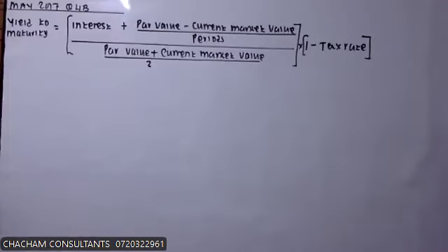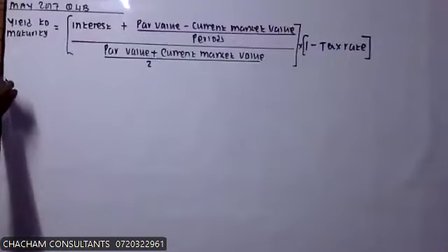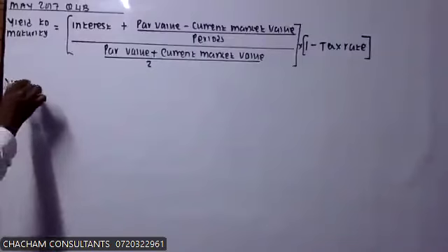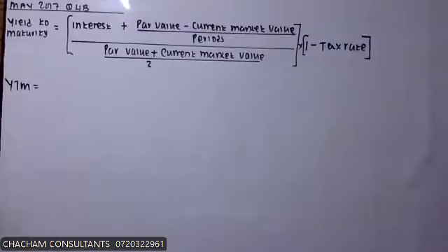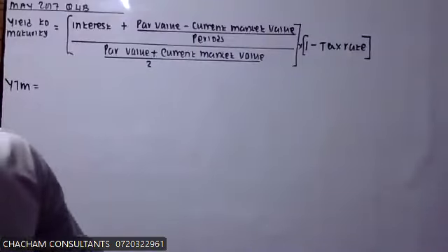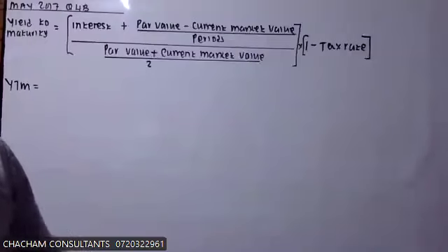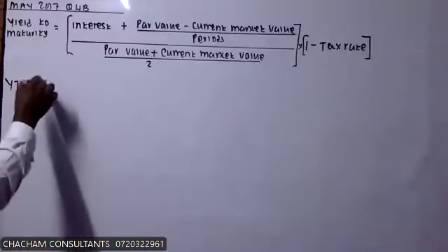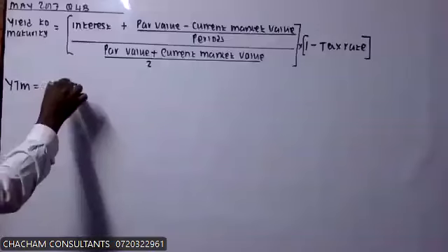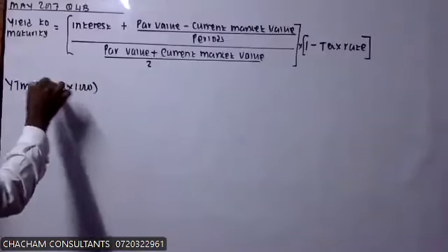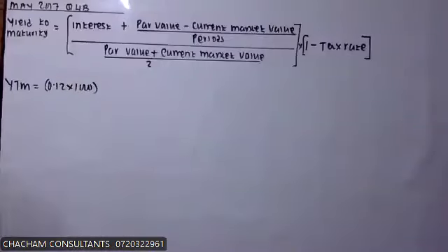So if that is the formula, our YTM would be the interest. The interest is 12%, so it will be 12% of the 1,000. That's the interest.